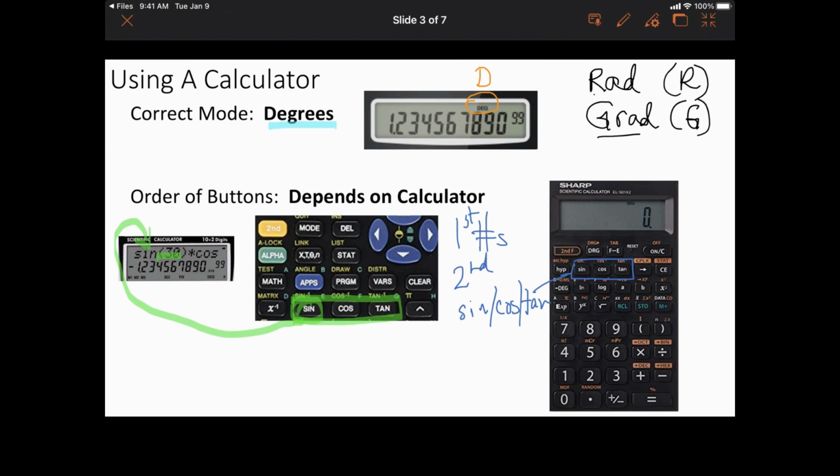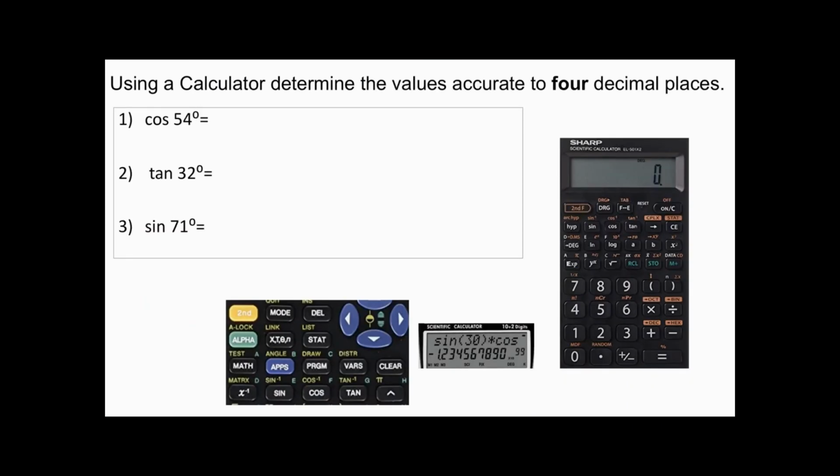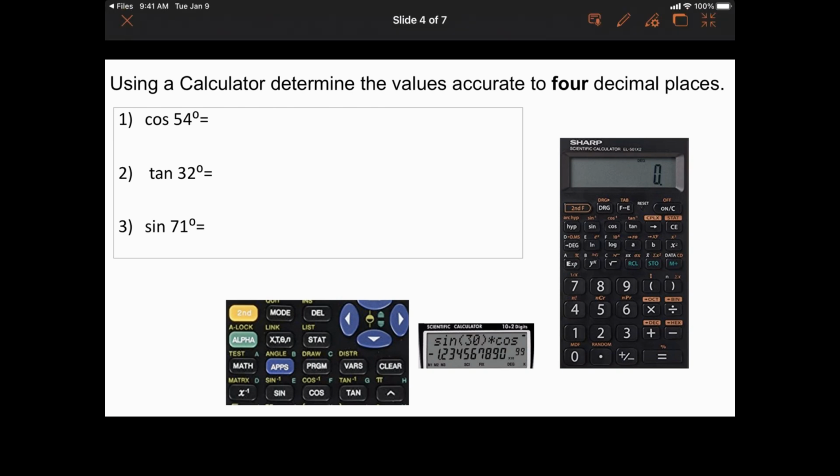All right, so let's actually find the cosine, the sine, or tangent of a specific angle measurement. Remember how we wrote our ratios: we would write sine of an angle, and then we would have a number, a ratio. So here is your angle.